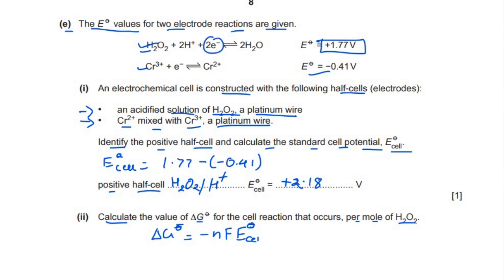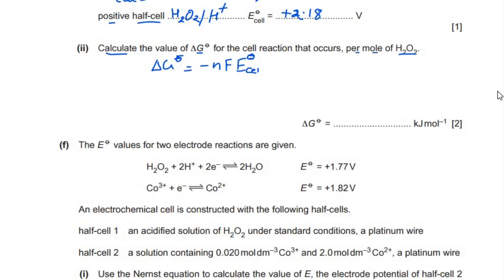For hydrogen peroxide and chromium, the number of moles of electrons passing through is 2 mole, because if we make a full equation from this, we'll need to multiply this by 2, and so each of the species will get 2 moles. So here 2 moles of electrons are passed through. If we substitute minus 2 into 96500 into the E cell value, which we have already calculated, that is 2.18, we get the answer as minus 420.7. The units are already written, kilojoules per mole.